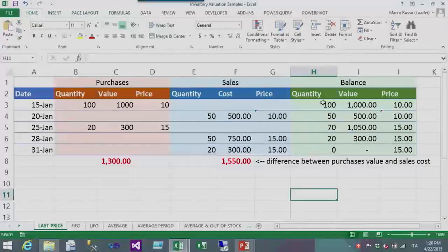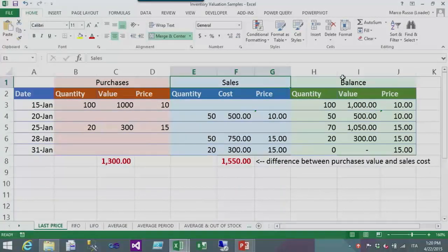Okay, let's start from this. Here we have a table where I prepared a very simple description of a scenario where we have purchases, sales, and the actual balance that we have in our stock. I will spend one minute describing this transaction because we will see the same transactions in different techniques.